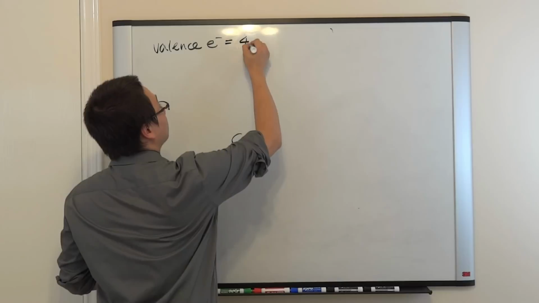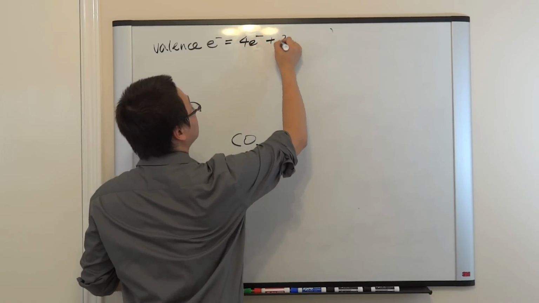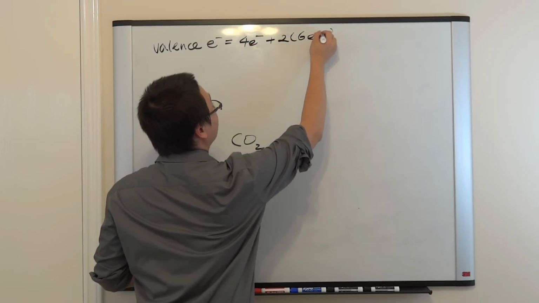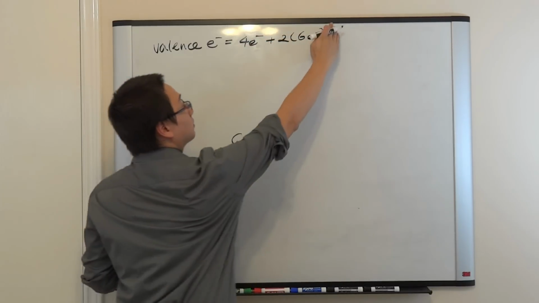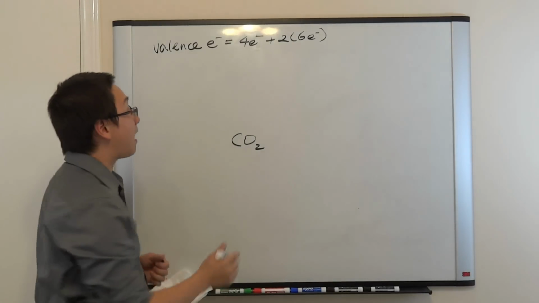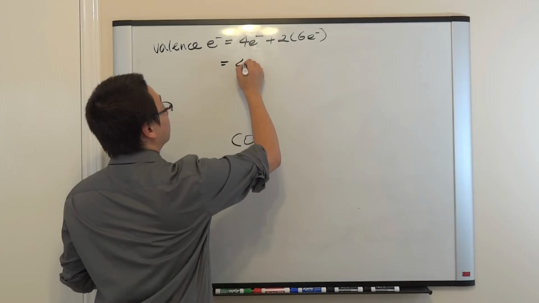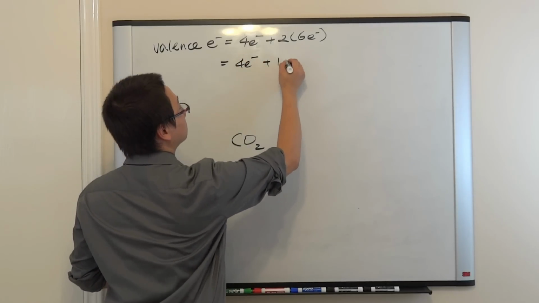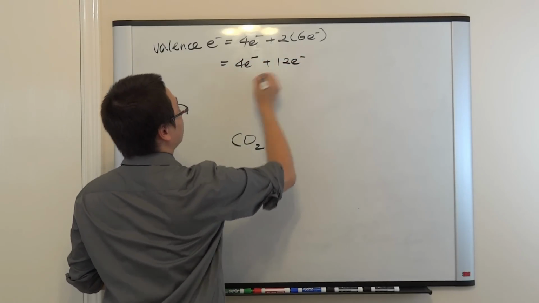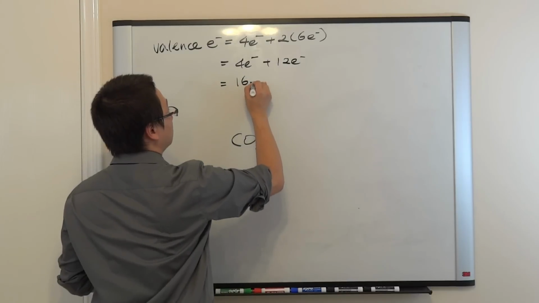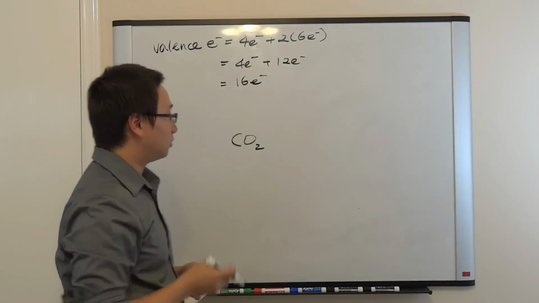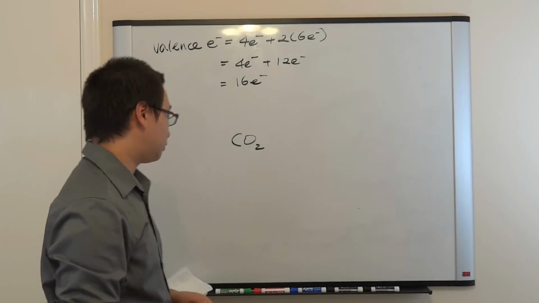So let's do the valence electrons count. By now I hope you understand how we get the valence electrons. Okay, so let's do the math. 4 plus 12. So we have a total of 16 electrons. Now we have a total of 16 electrons to draw.